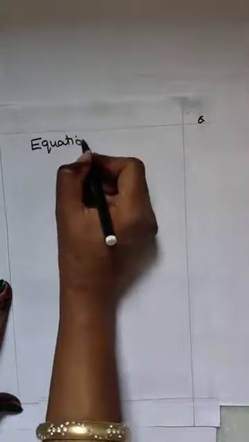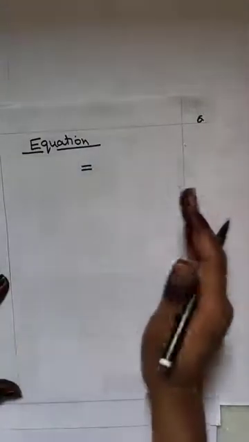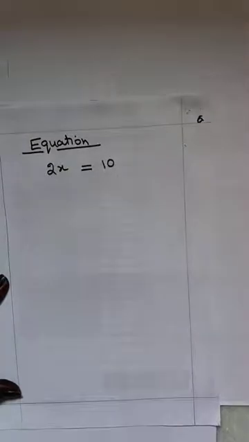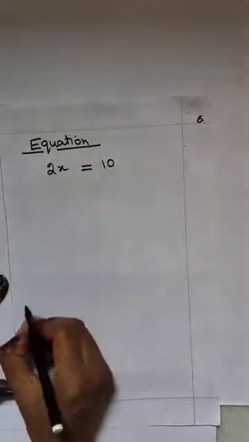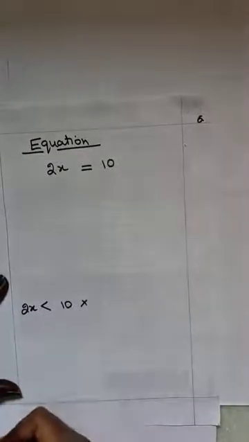Now it comes, what is an equation? In very layman's language, in an equation there is always an equal sign between the left hand side and the right hand side. Suppose it is 2x equal to 10. This is an equation. If it is 2x less than 10, this is not an example of an equation.